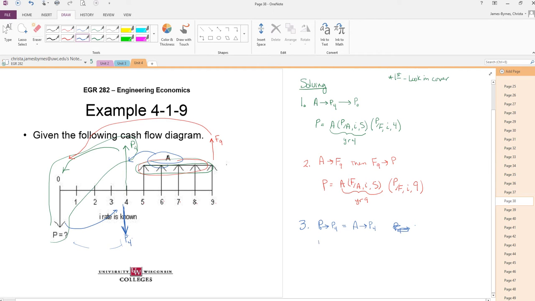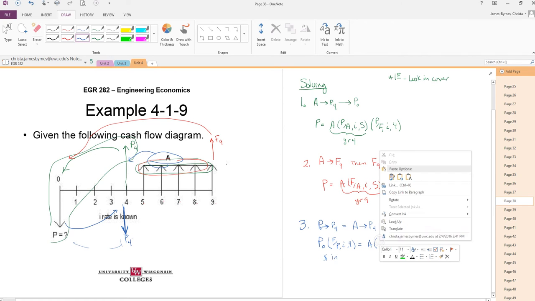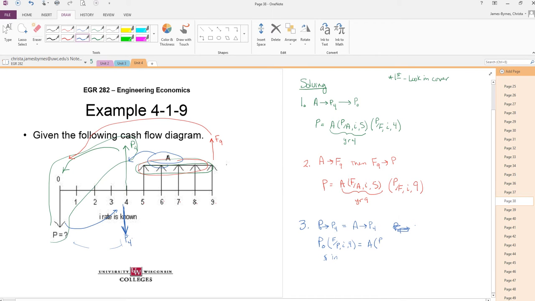So what we do is P at year 0 times find an F given a P, I for 4. That's my money in, and it is equal to A, find a P given an A, I 5.